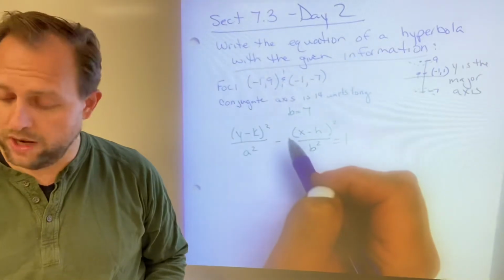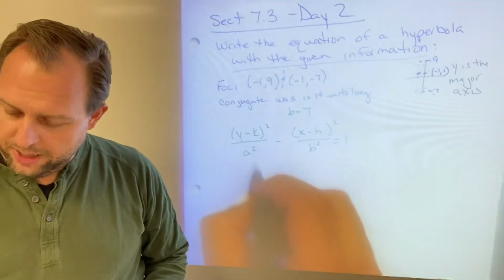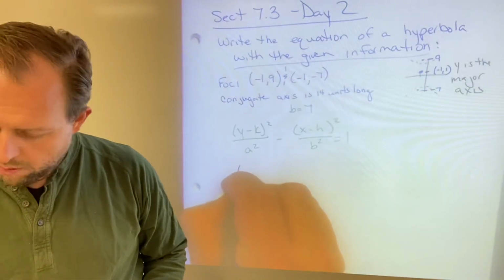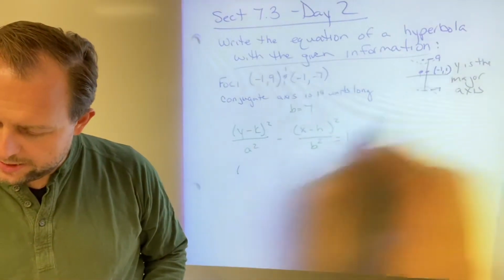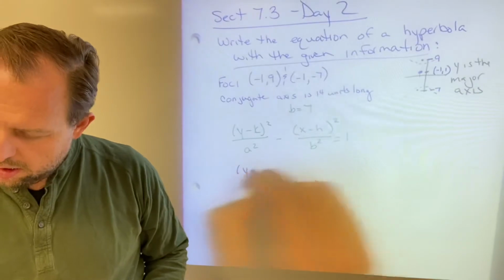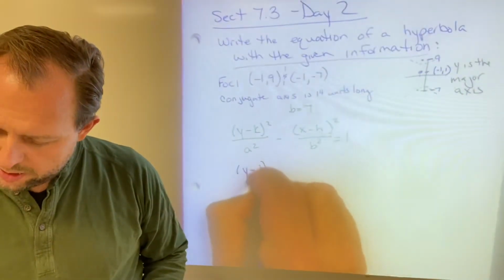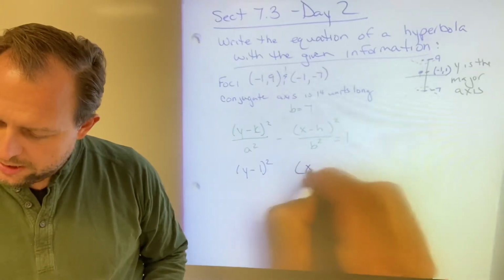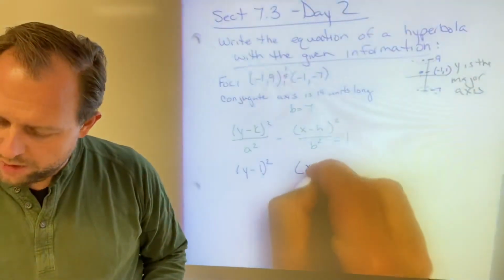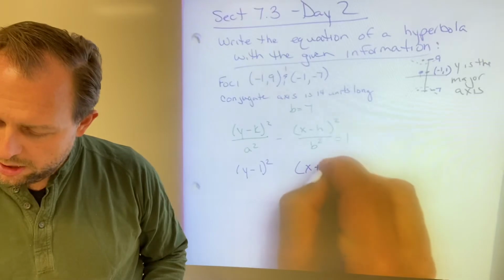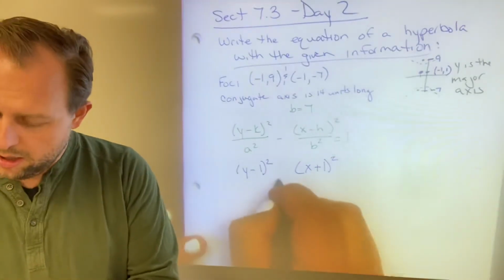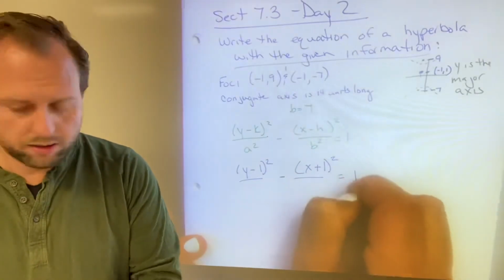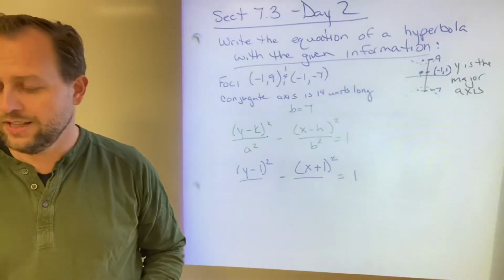It's a +1. So I'm going to have y minus 1 squared, and x minus -1, which means x plus 1 quantity squared. The two terms are going to be subtracted to get our 1, and I just need a and b.